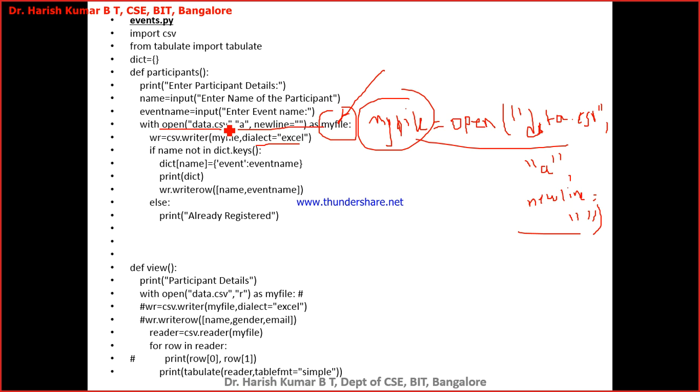It's basically of type .csv, not data.xls or xlsx, but it opens like an Excel file. Else, if the name is already in the dictionary keys, I just say you have already registered.